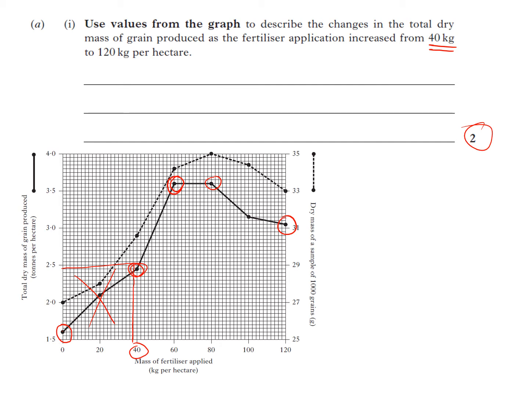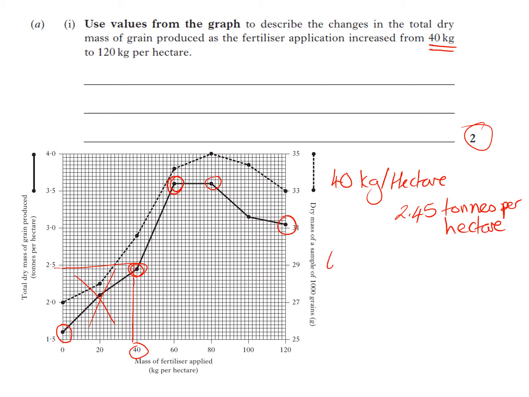So for this, you're going to have your 40 kilograms per hectare, and you're going to have to read off your data for that one. And this is, well, I've kind of scribbled over it, not making it that easy. There we go. 2.45 tons per hectare. Now, if you have not done that on the first one, you have a problem because you must give units.